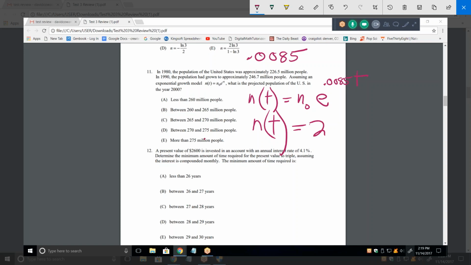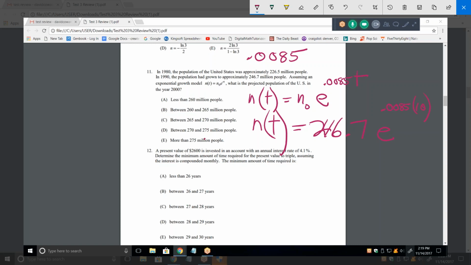All right. We can use either one, but it's e to the 0.0085. What is t? 10. And I could have used 226.5 and had a t of 20. Same thing. Would have given us the same answer.